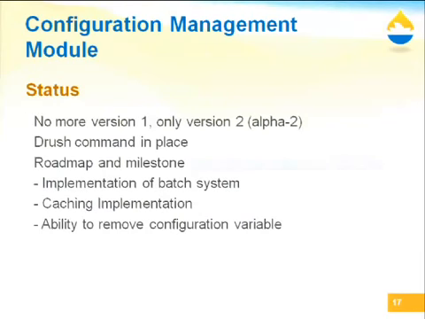The roadmap and the milestone are in this URL. Basically, what needs to be done is implementing the batch system, and there is caching that needs to be done because it's a bit slow right now, and the ability to remove configuration variables. The module doesn't have that at the moment. It needs to be done.